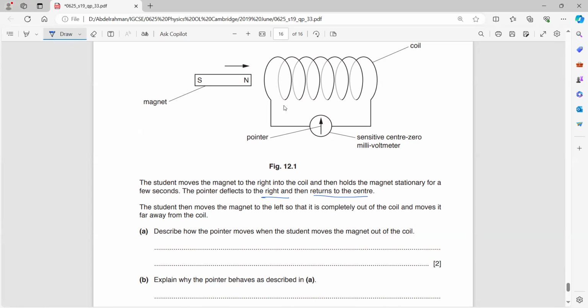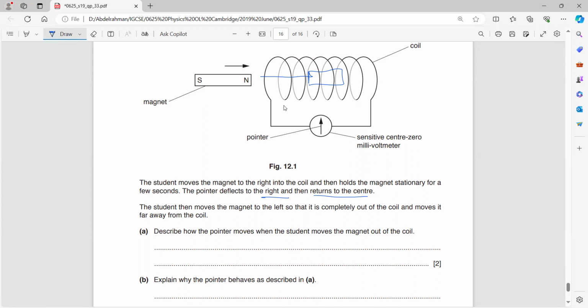So he moves it into the coil and then it stops in the center. It's a sensitive voltmeter, okay, it deflects where? It deflects to the right and stops almost immediately.